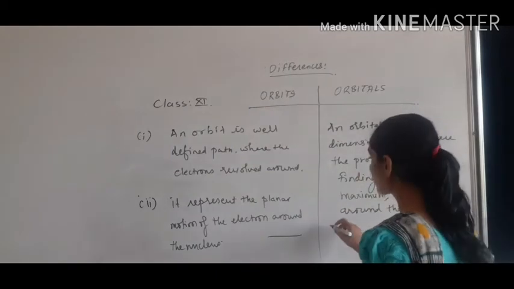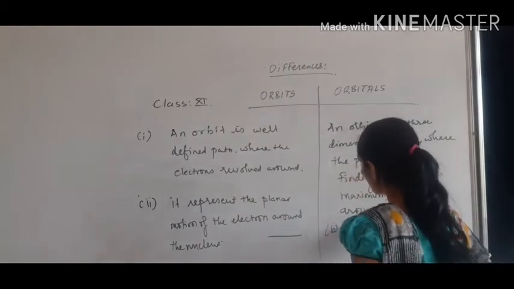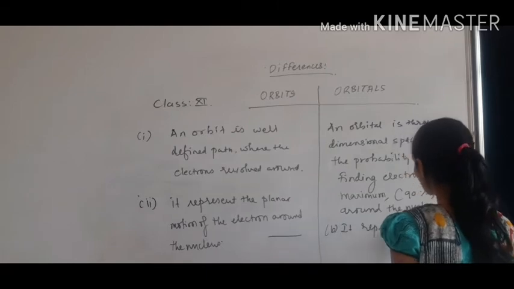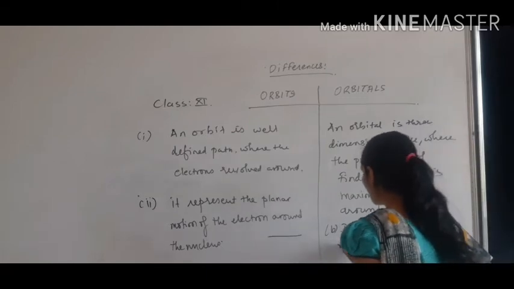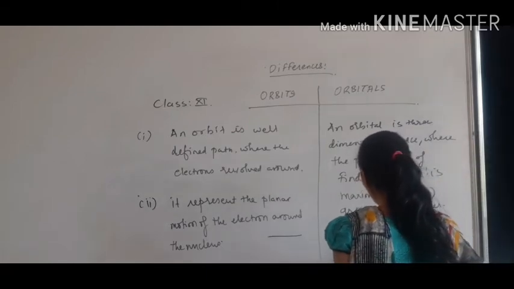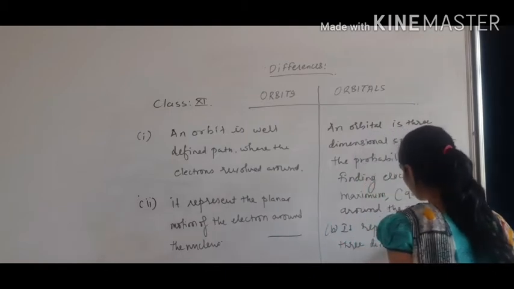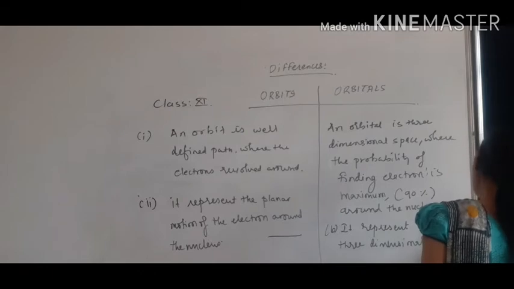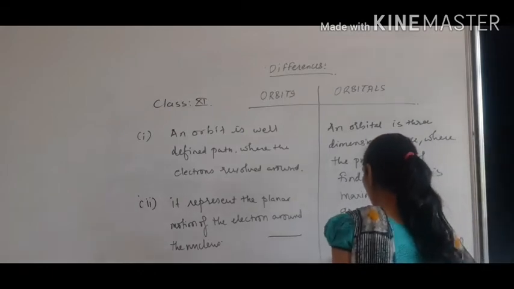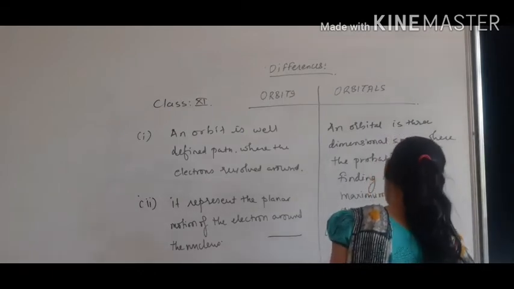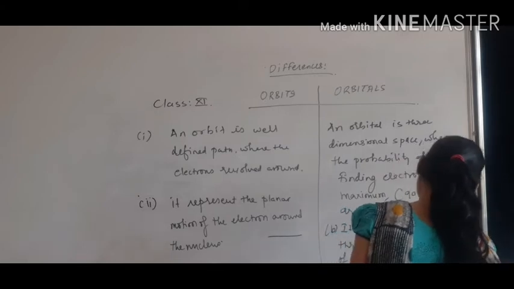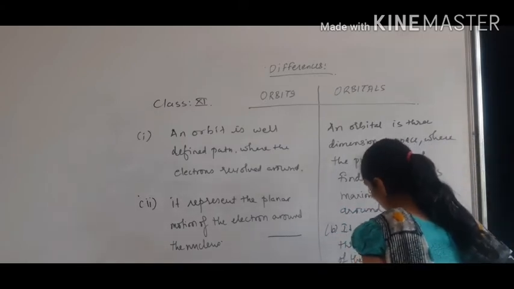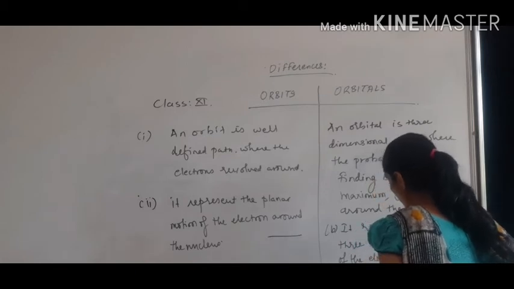Here for the orbital, what we can write is: it represents the three-dimensional motion of the electron around the nucleus.